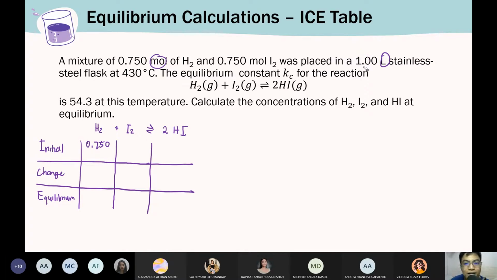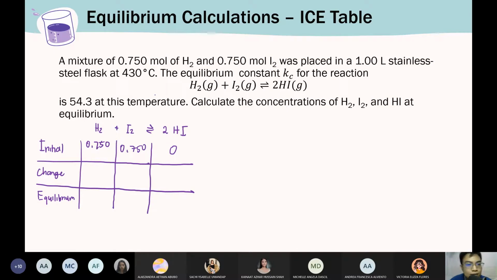So be careful lang. The concentrations must always be in molarity. That's for the H2, and then the I2 still the same, 0.750. For the HI, walang sinabi. So meaning, kapag walang sinabi, 0.